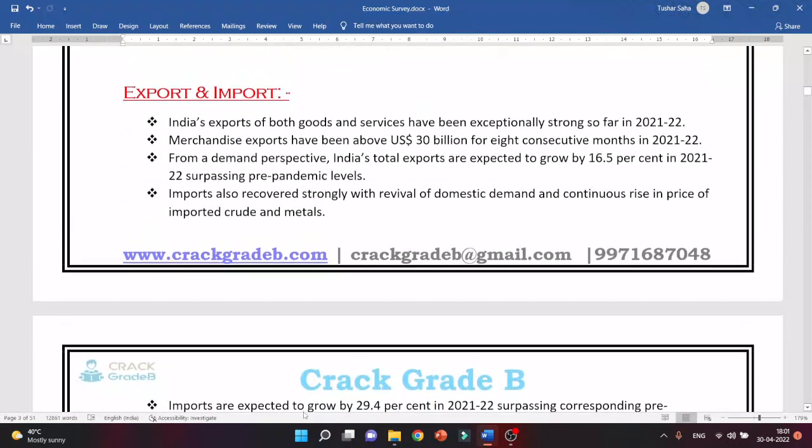So let's move to export and import. Okay. India's export for both goods and services has been exceptionally strong so far. Merchandise exports have been above USD 30 billion for eight consecutive months in 21-22.